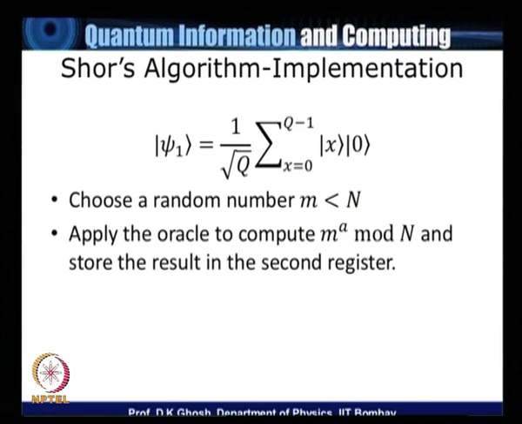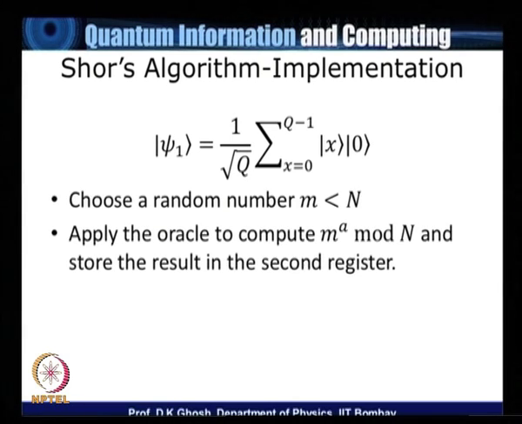So therefore, at this stage, my state of the system, which I will call psi 1, is given by 1 over square root of Q, sum over x equal to 0 to Q minus 1, state x, and of course the second register is still in state 0.